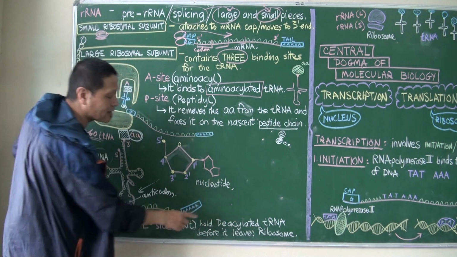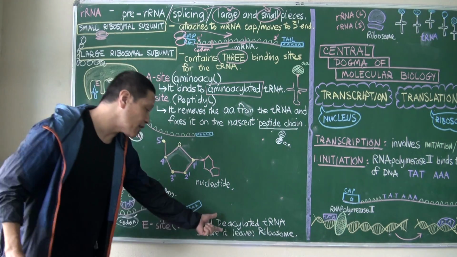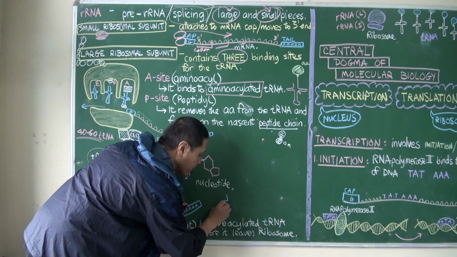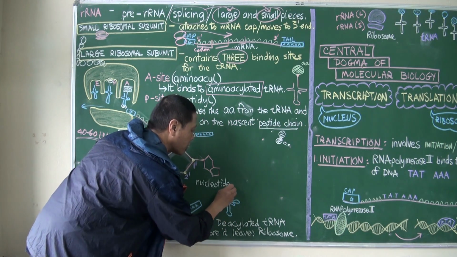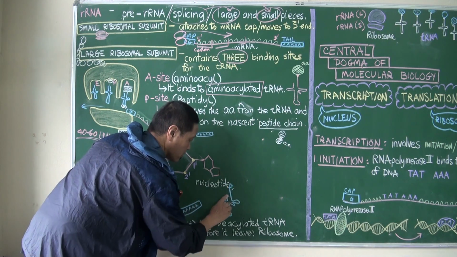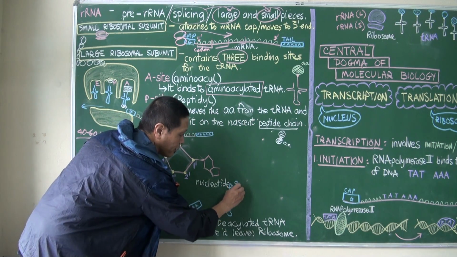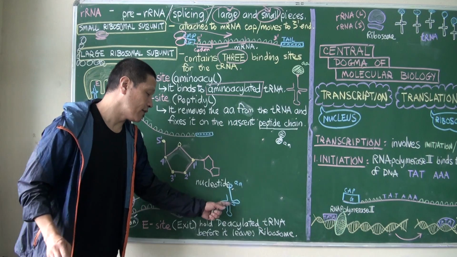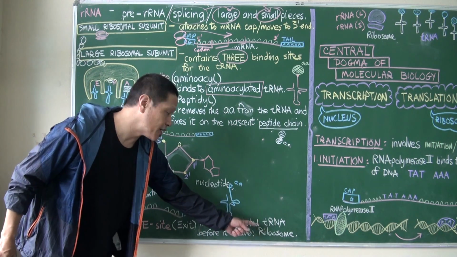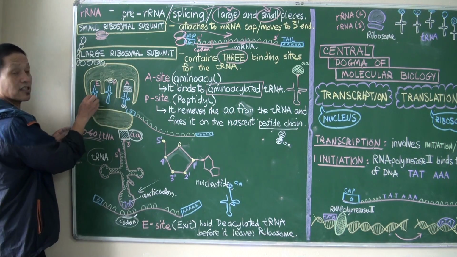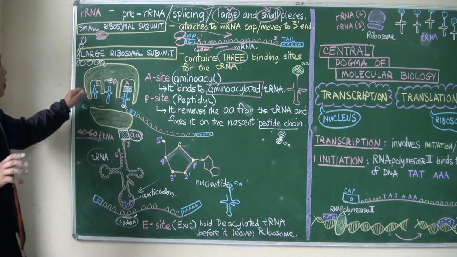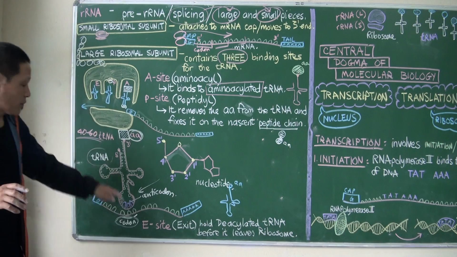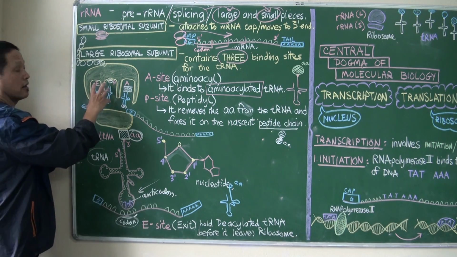It holds the deacylated. Deacylated meaning a tRNA which has given off its AA. It does not have an AA. So this is a deacylated tRNA. So here, the deacylated tRNA is held on, okay, for a little while in the E site and then let to move away.